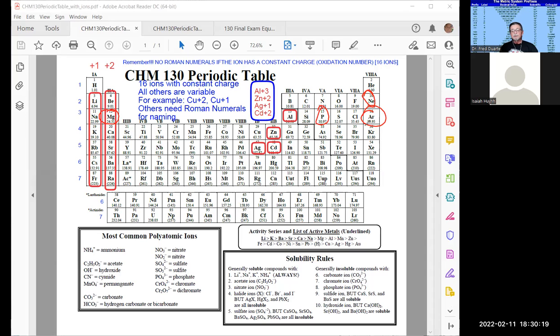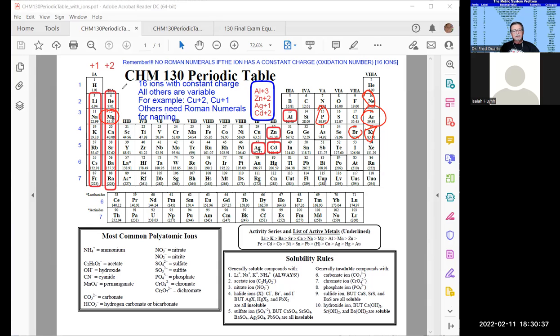For example, if someone is asked what the bromide ion is isoelectronic with, we have to find bromine. We can see it needs one more electron to become isoelectronic with Kr, which is krypton.